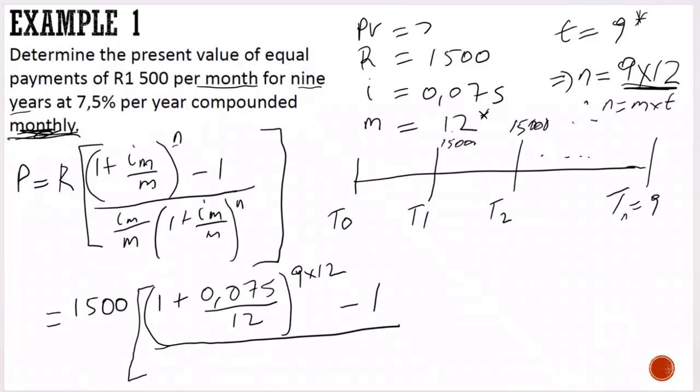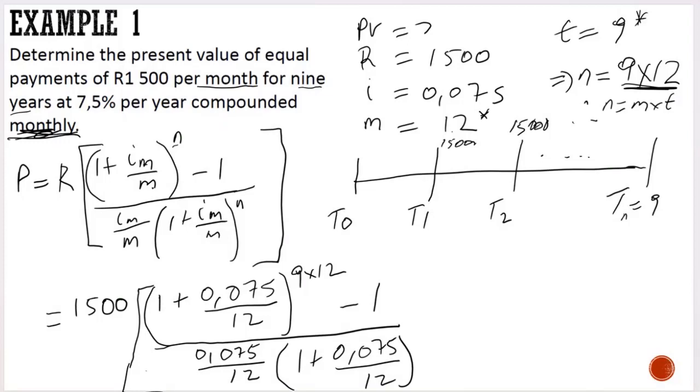Your I is 0.075 divided by 12. This is divided by 12, into 1 plus 0.075 divided by 12, to the power, your N there is 9 times 12.